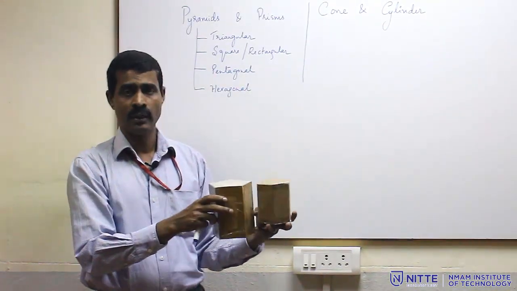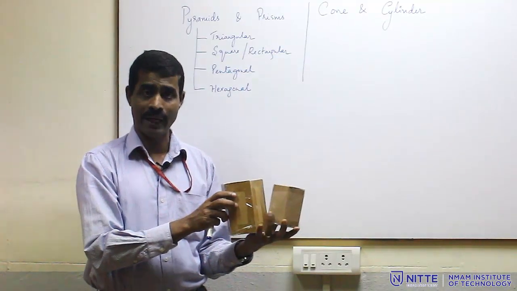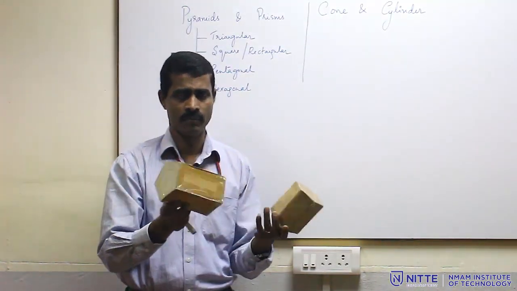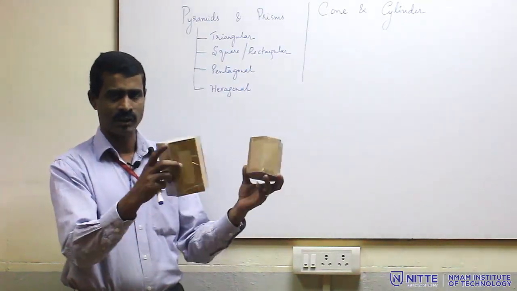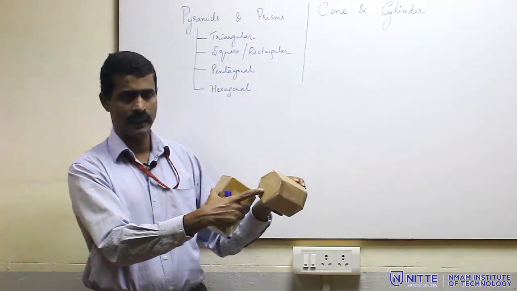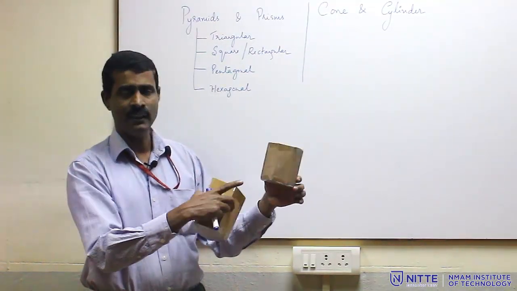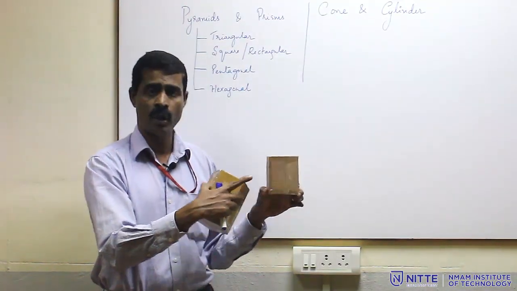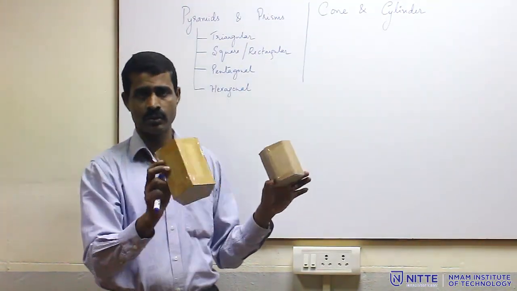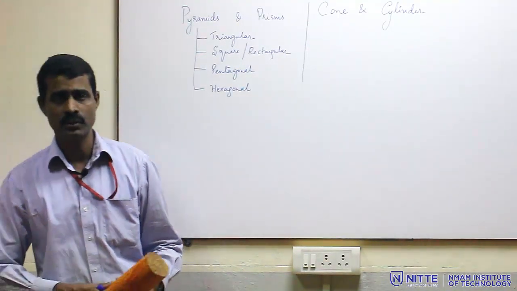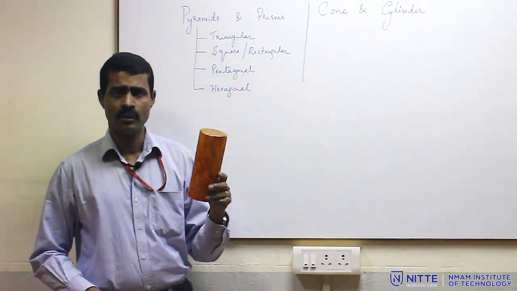Unlike in a pyramid, the number of triangular faces equals the number of sides of the base plane. In a hexagonal prism we have a hexagon at the base, a hexagon at the top face, 6 lateral edges and 6 lateral faces. The shape of the lateral face is rectangular. These are the important terminologies of prisms as well as pyramids.